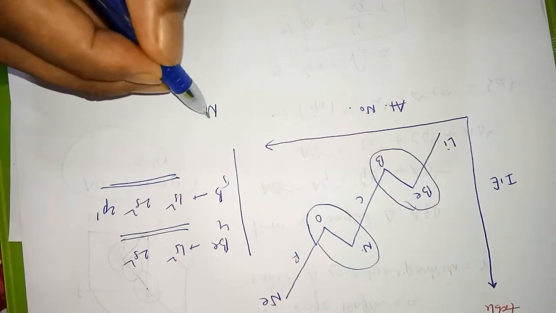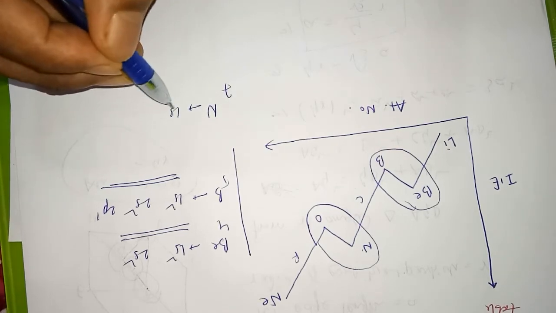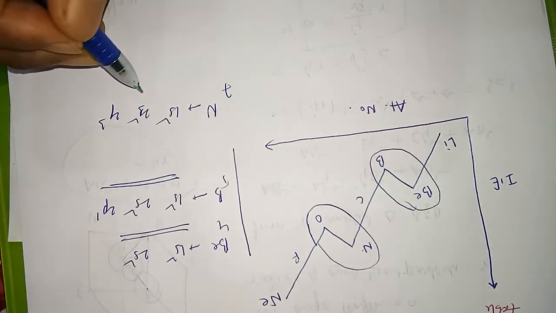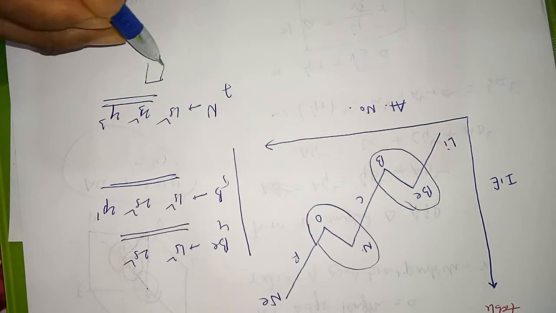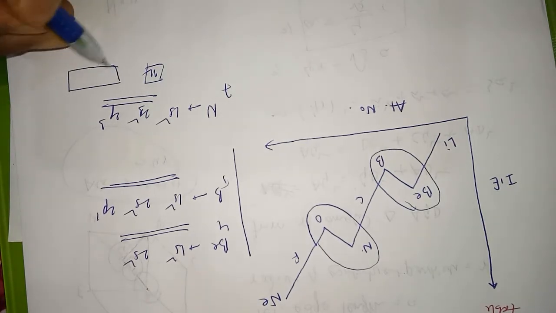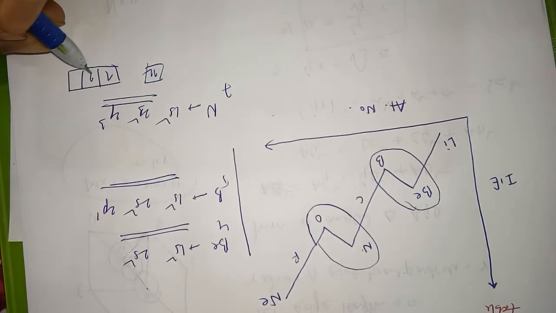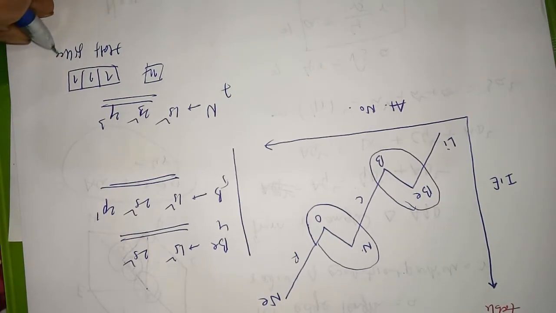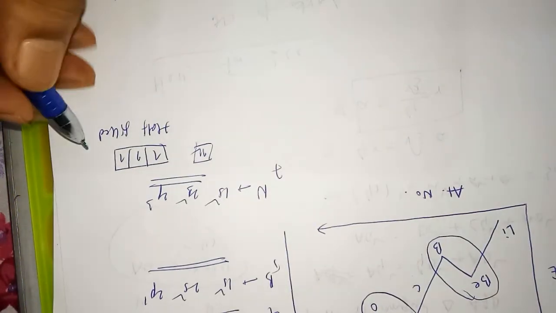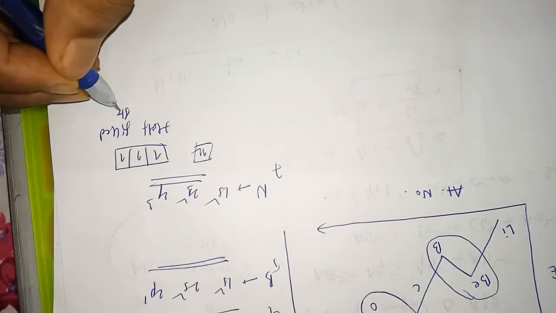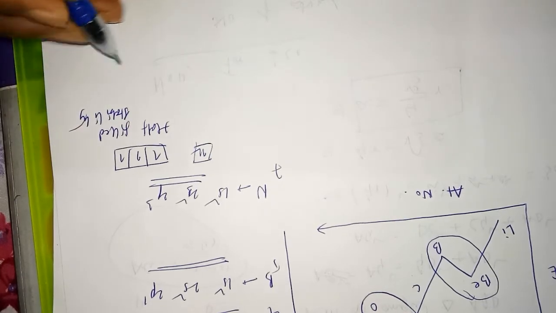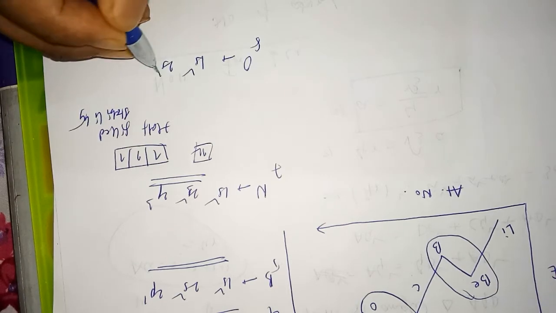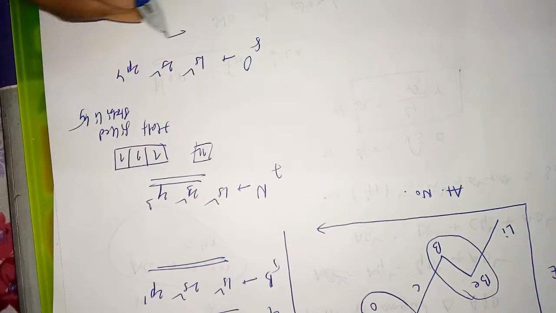If we compare the case of nitrogen, it is 1s2 2s2 2p3. If I write their box diagram, this is 2s2, this is your 2p3. So this one is the half filled stability. And if I write the oxygen electronic configuration, this is 1s2 2s2 2p4.